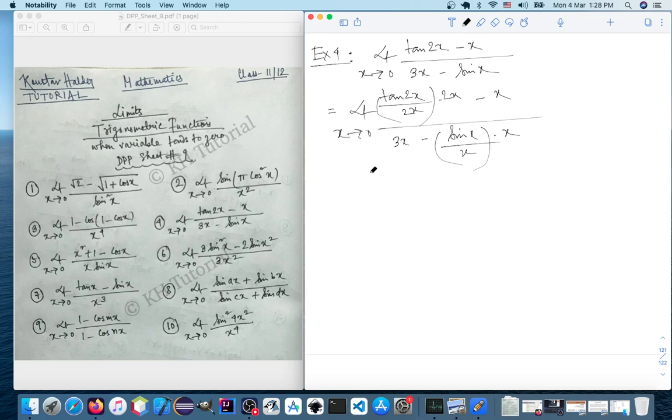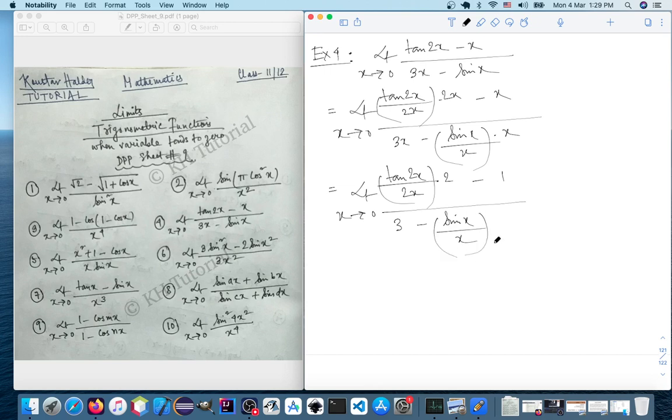If we cancel that out, we are left with tan 2x by 2x into 2 minus 1 divided by 3 minus sin x by x.